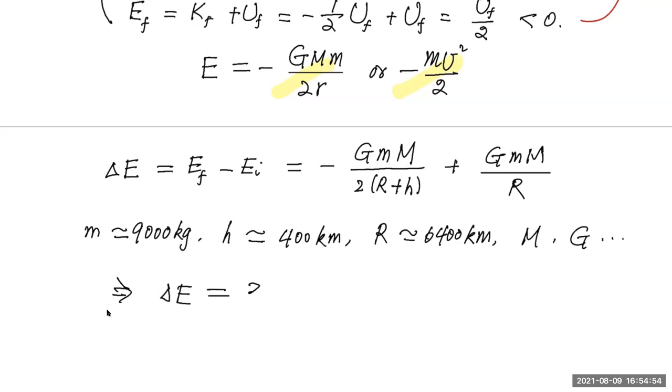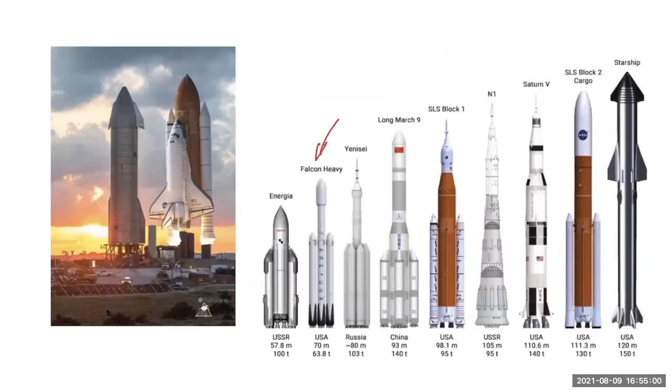Actually, it's not listed in chronological order, it's just due to the size. Here is the second biggest one on the list. That's Falcon Heavy, made by SpaceX. Okay, and you have another Russian rocket and a Chinese one, and a couple of US rockets, another Russian rocket.